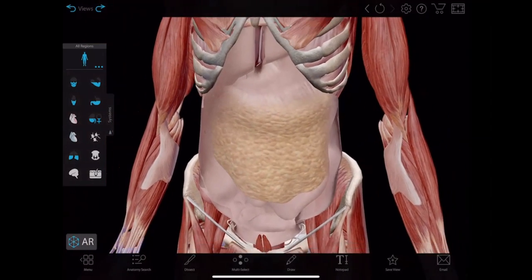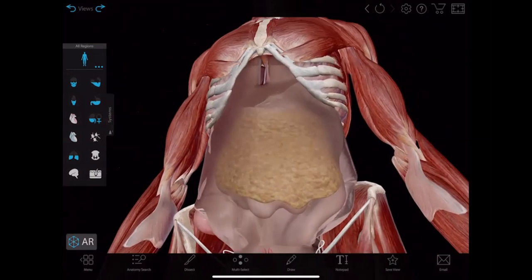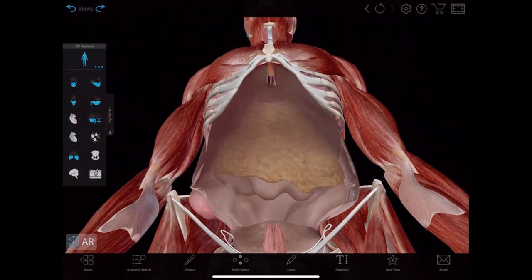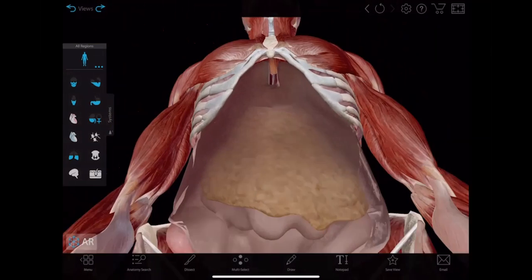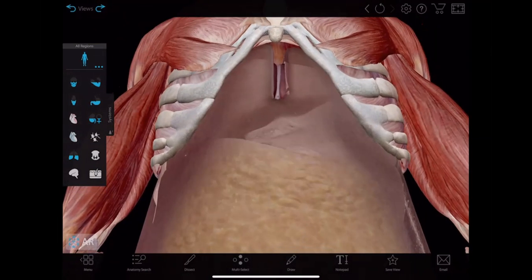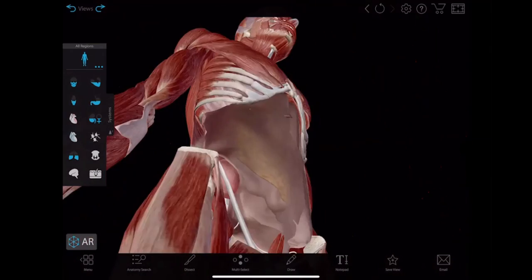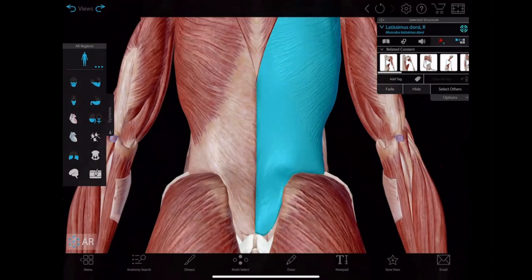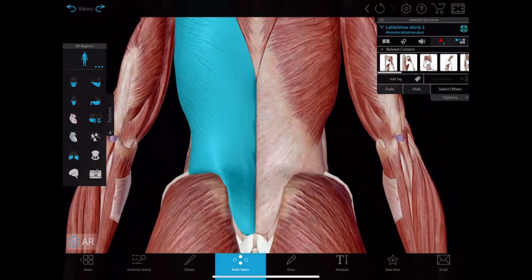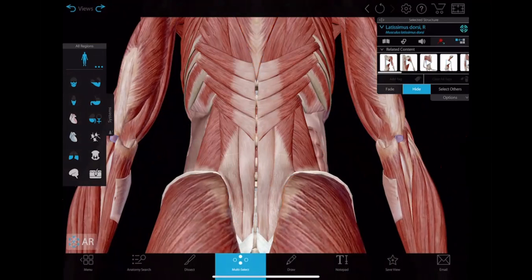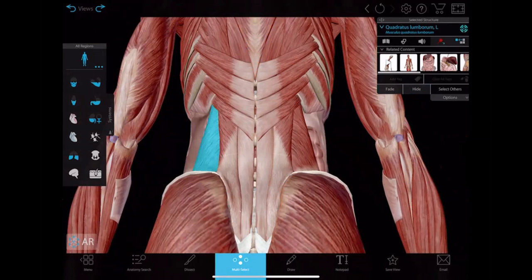It is going all the way to the diaphragm, because the peritoneum also covers and is attached to the liver. And you see, if I hide all the back muscles.